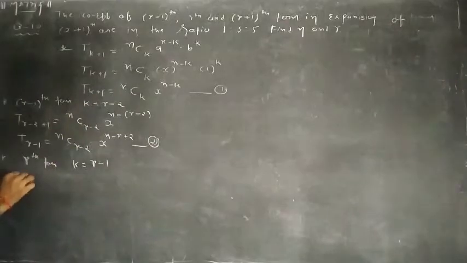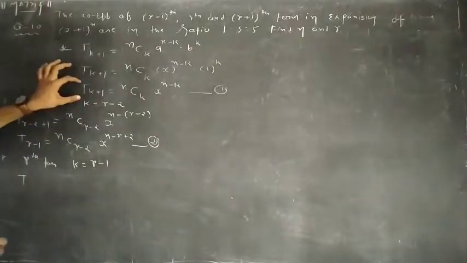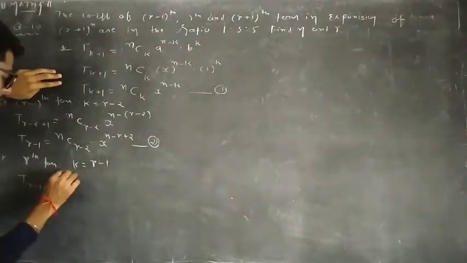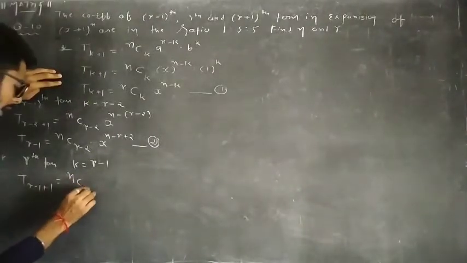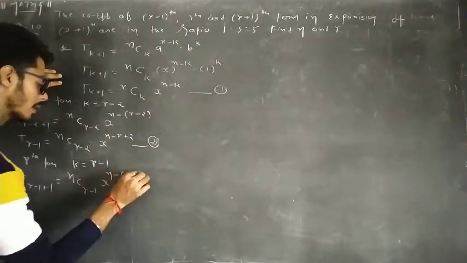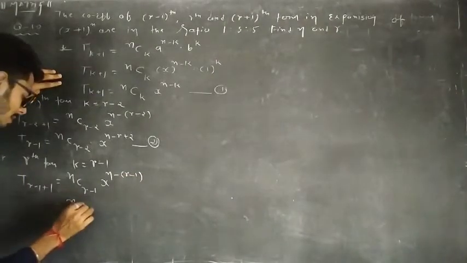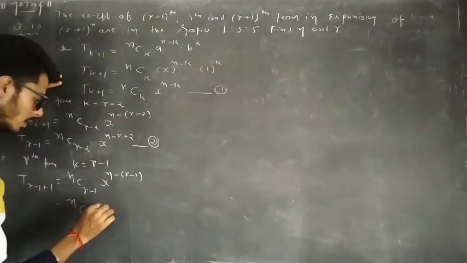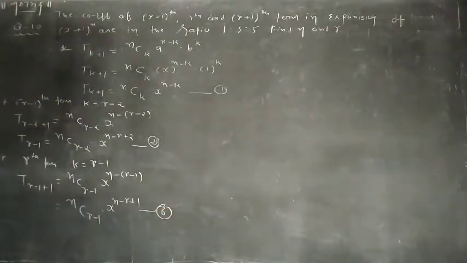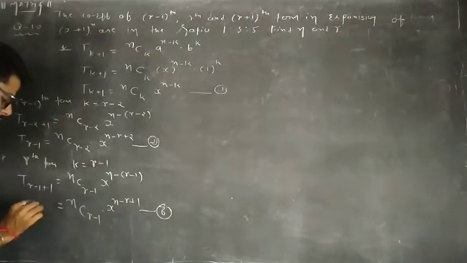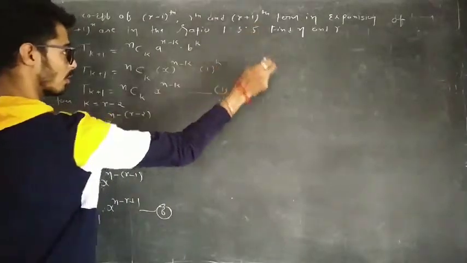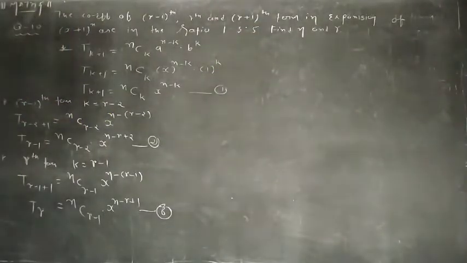Putting this value in the general term, T(r minus 1 plus 1) = nC(r minus 1) into x raised to n minus (r minus 1). Ultimately it is nC(r minus 1) x raised to n minus r plus 1, equation number 3, which is the r term.